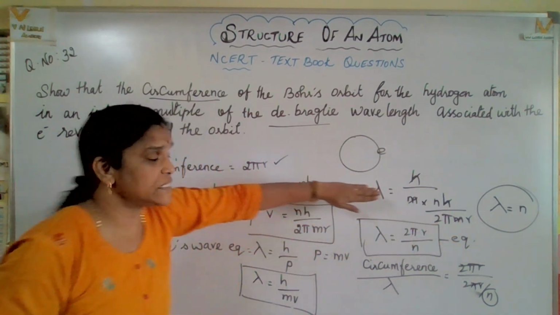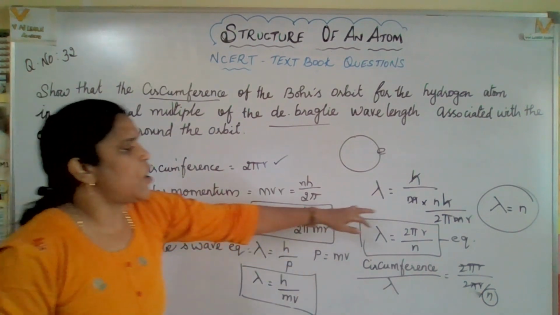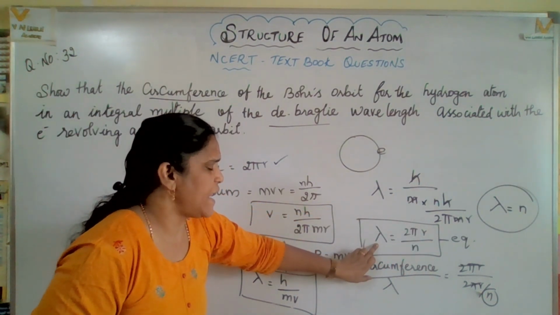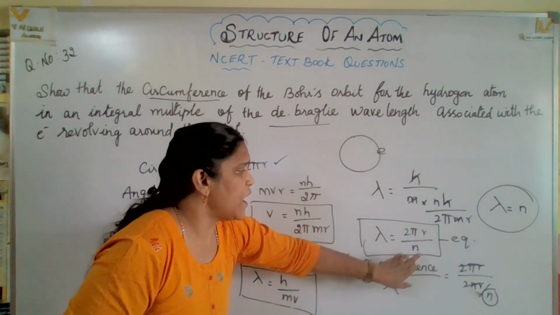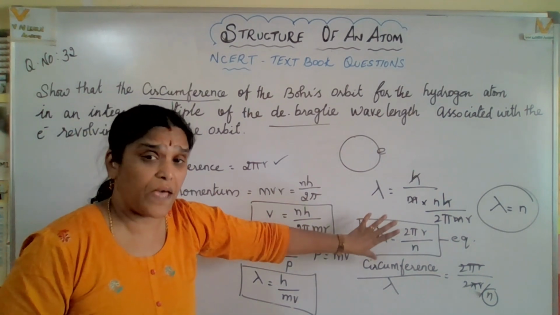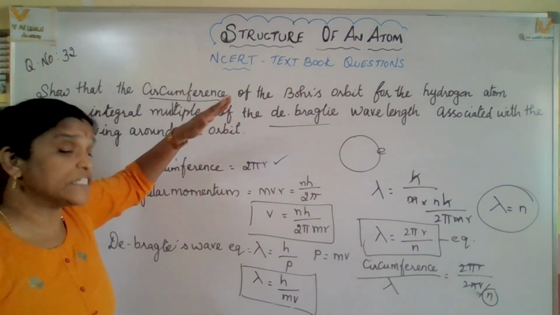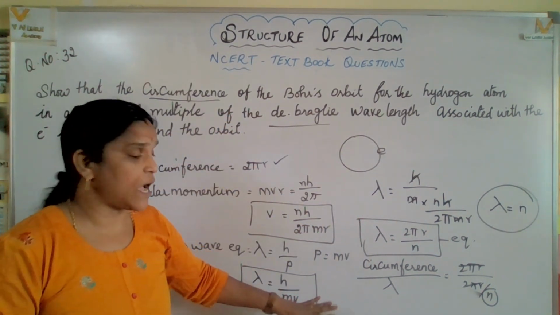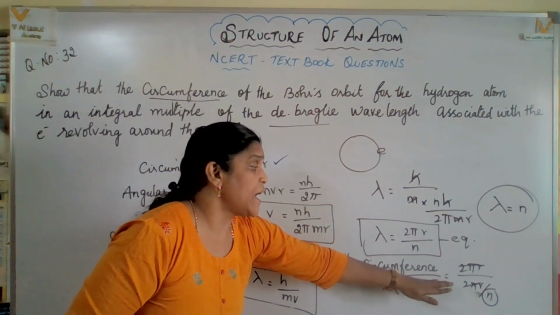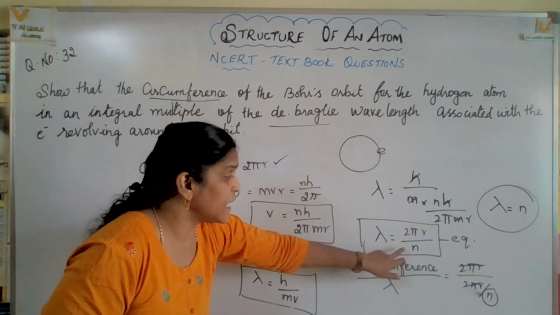Now, as we are cancelling all those terms, lambda equals 2 pi r by n. So we got the equation for the wavelength lambda. Now circumference divided by lambda equals 2 pi r divided by 2 pi r by n.